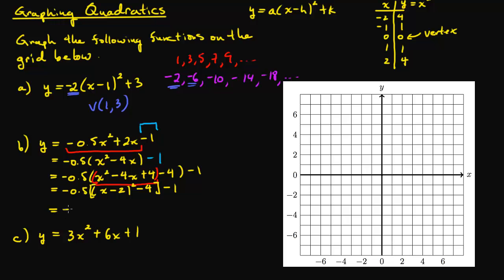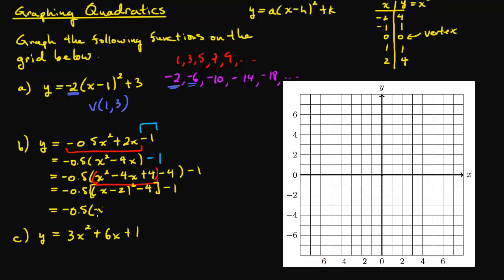So lastly, using the distributive property, I can distribute negative 0.5 into the brackets. If I multiply negative 4 by negative 0.5, I get positive 2. If I multiply x minus 2 squared by negative 0.5, I can just leave that written out front as my a coefficient.